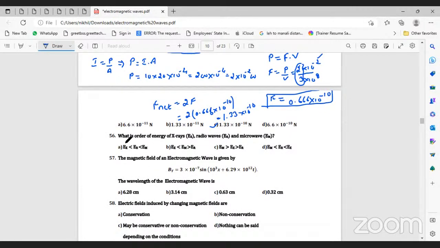What is the order of the energy? X-rays, radio waves, microwaves.